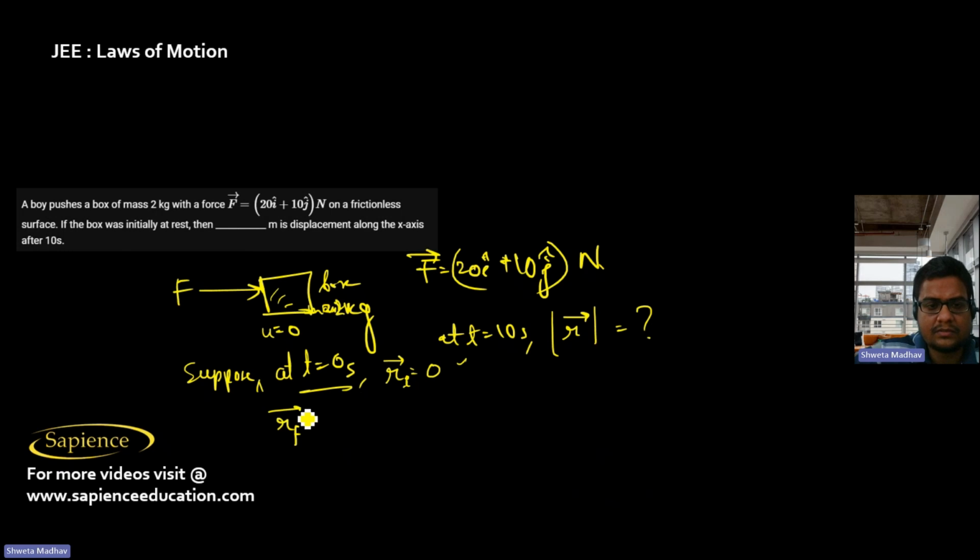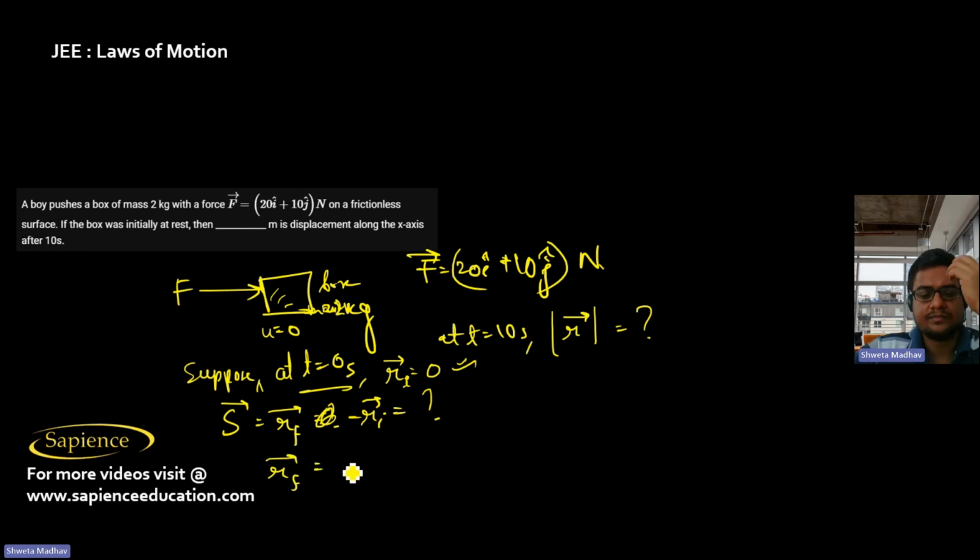So now r final minus r initial, we have to find out, since the displacement vector is given as r final minus r initial. Now r initial is 0 only, and r final will be equal to half at square.